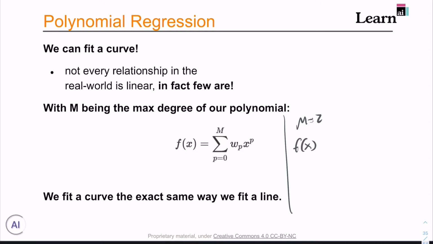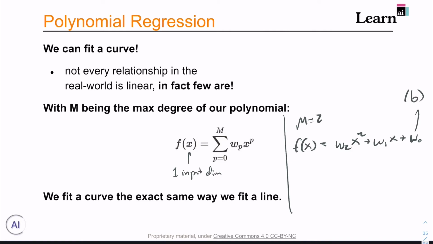F of x, and this is univariate, right? We have one input dimension. So if m were equal to 2, f of x would be w2 x squared plus w1x plus w0, which we're used to calling b, just the intercept.